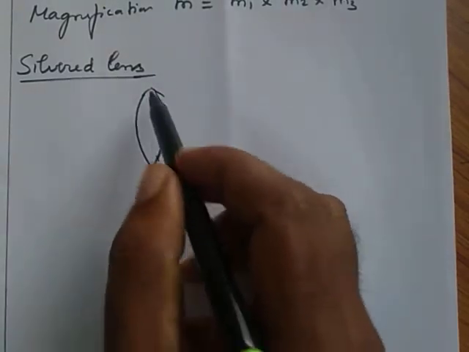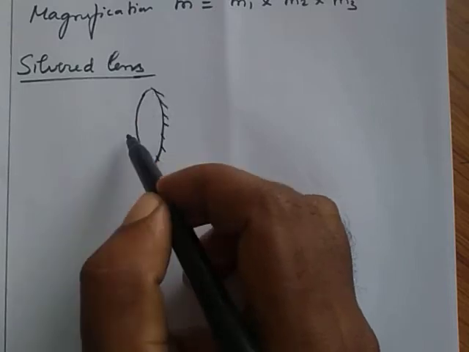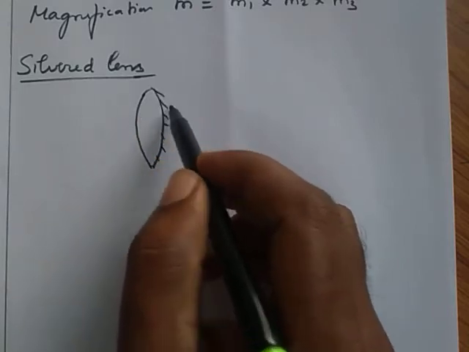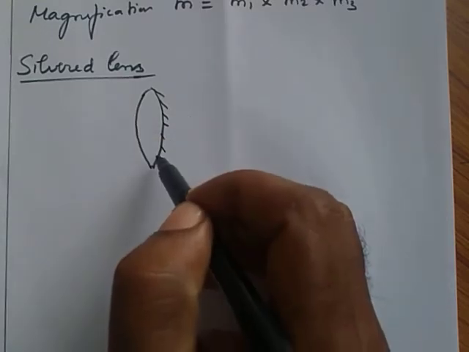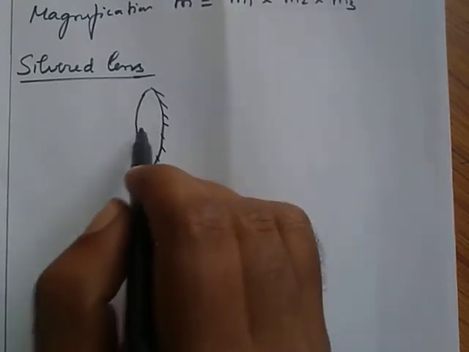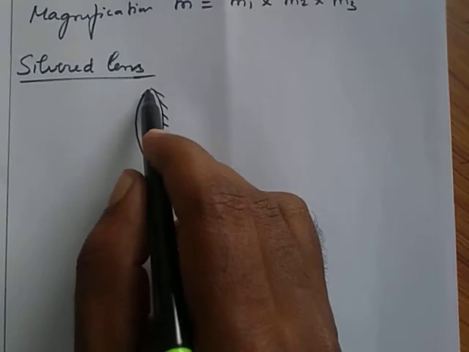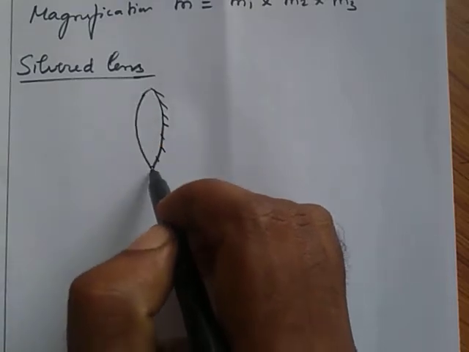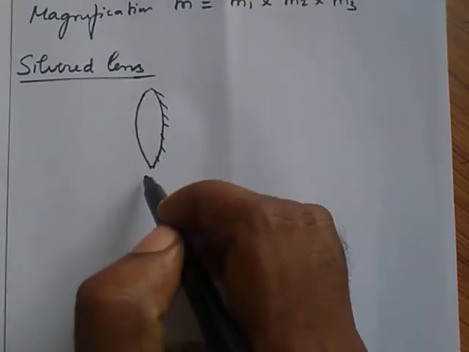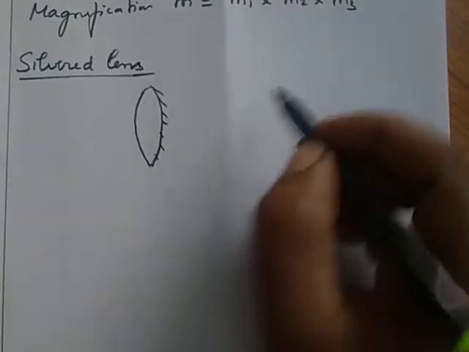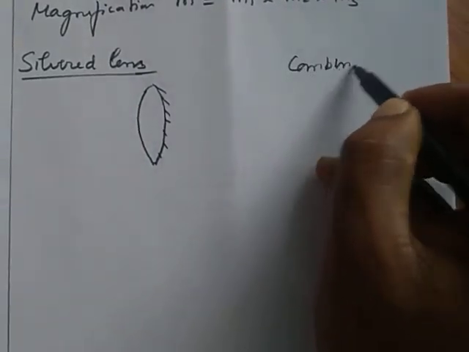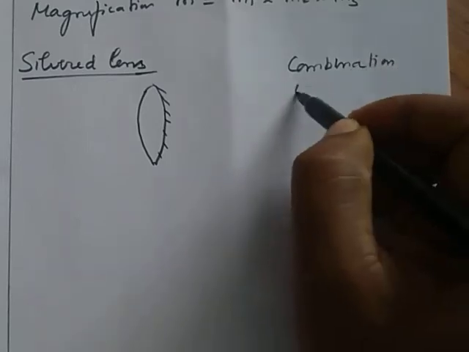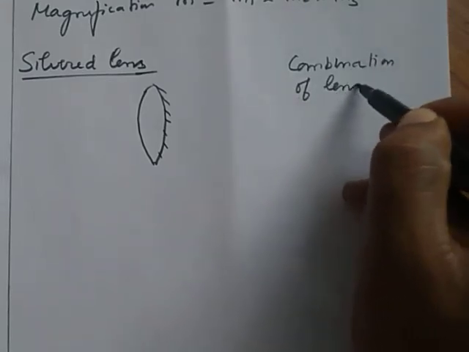First of all, I consider a biconvex lens with one side coated with silver; then it behaves as a silvered lens. The silvered lens consists of a convex lens and a concave mirror. It is a combination of lens and mirror.